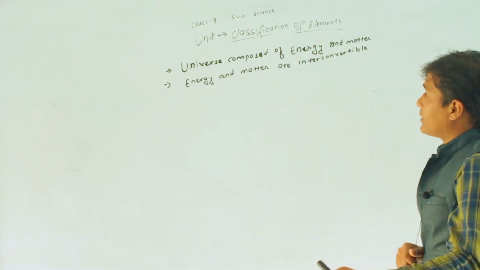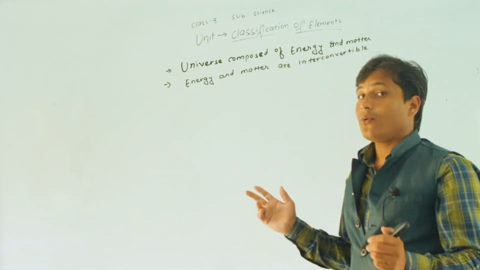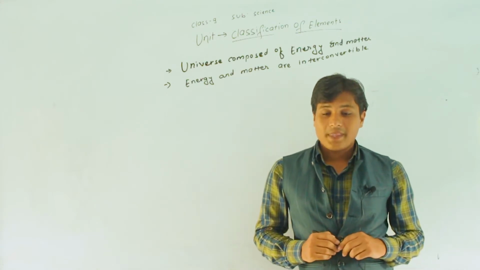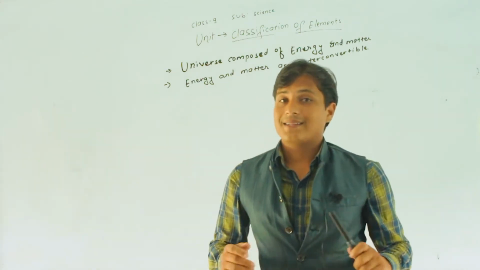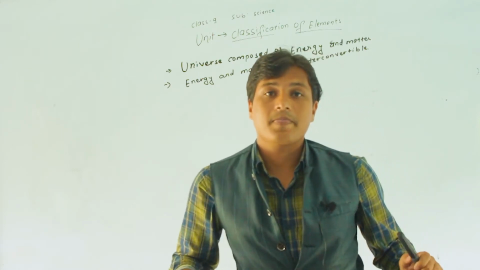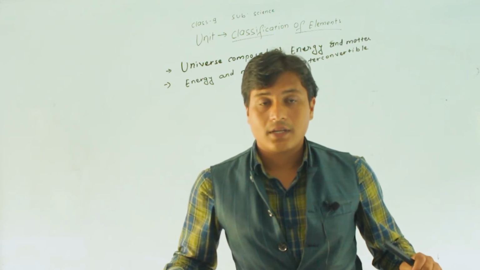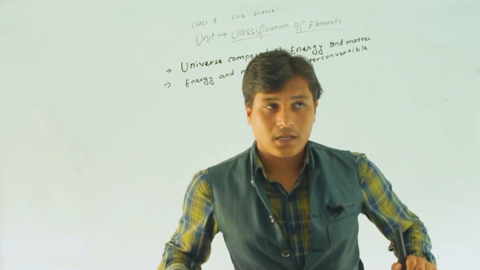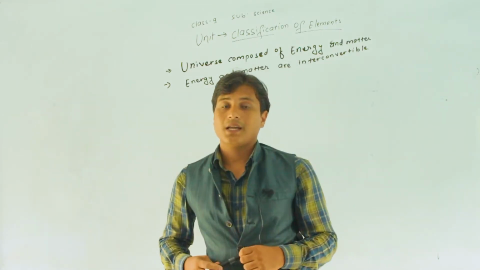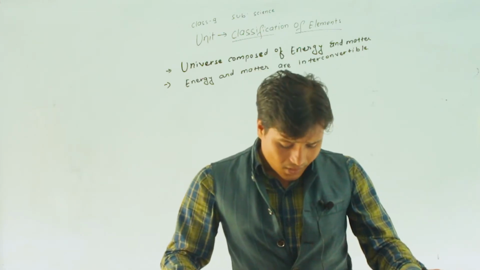One question that might arise in your mind is how energy and matter are interconvertible. You are in class 9, and you will study this in higher grades, but I will try to give some information about it.